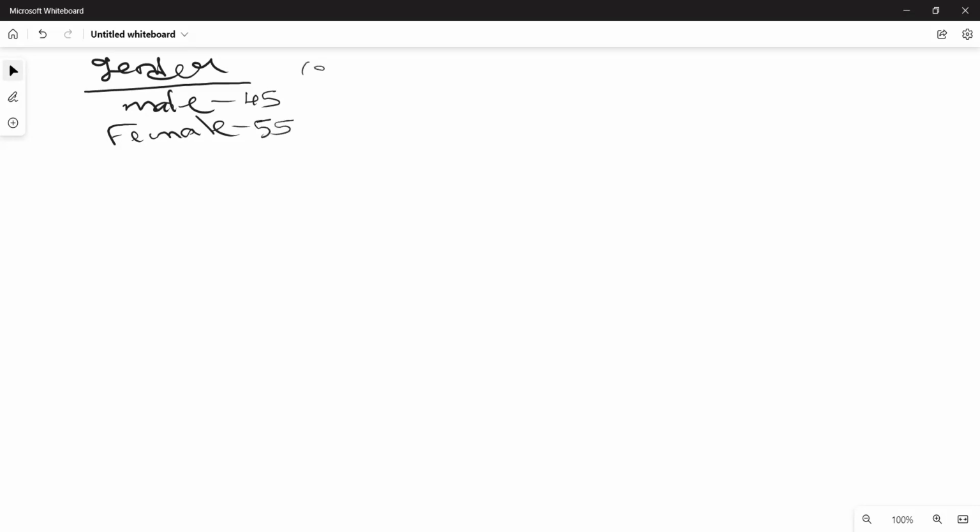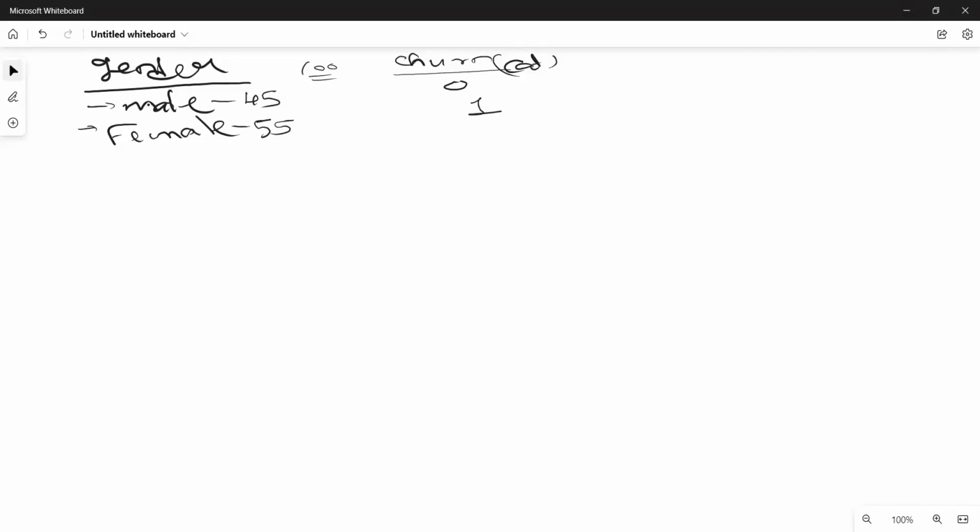So total 100 records. And my output is, let's say, employee churn, which is a category. Here I have a gender column which contains the text male and female, and here I have a churn that contains the value 0 and 1.